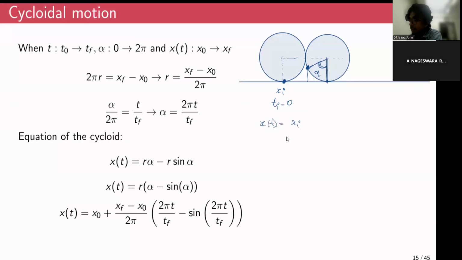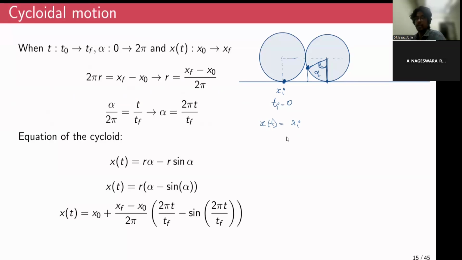As the circle rotates by an amount alpha, this point has moved this much distance. So how much would that distance be? We have to compute this distance. So how do we do that?